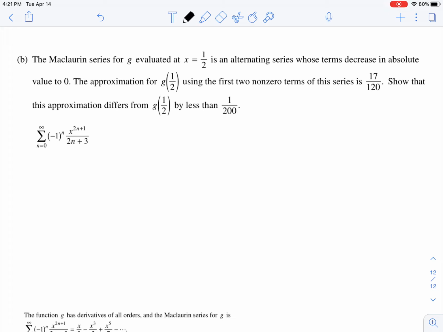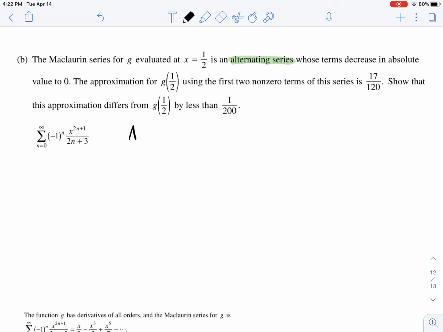So we read through this problem and we're seeing that we are being asked to show that the approximation that's given to us, 17 over 120, differs from the actual value of g of 1/2 by less than 1 over 200. And the big thing here, as a bit of a relief to us, is that we're told that it's an alternating series whose terms decrease in absolute value to 0, which tells us that we can use the alternating series error bound here.